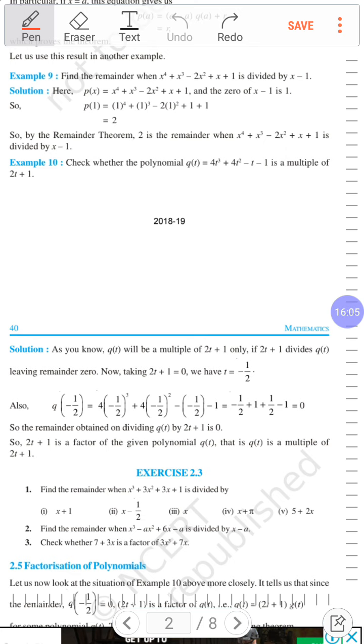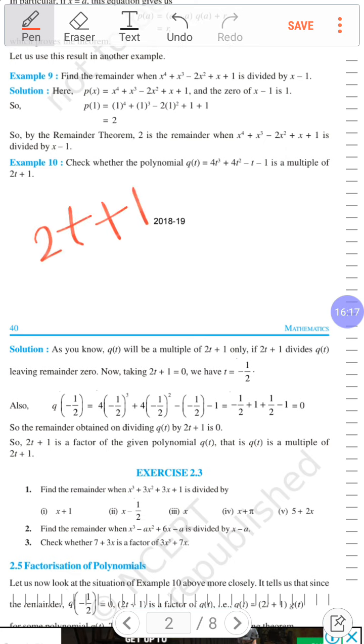Now taking 2t plus 1, we have t is equal to minus 1 by 2. How does it come? Just see, 2t plus 1 is equal to 0. Then 2t will become, when this plus 1 goes to the other side, minus 1. So t is equal to minus 1 by 2.